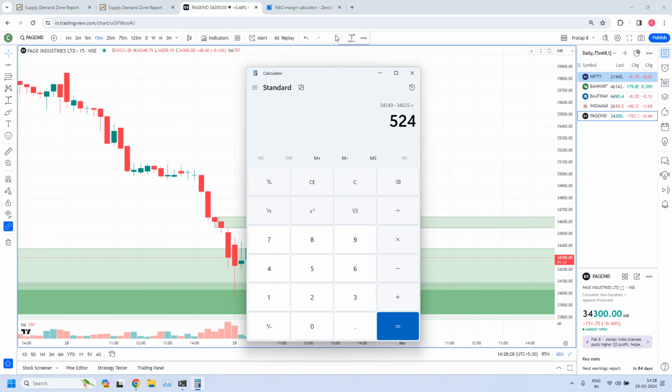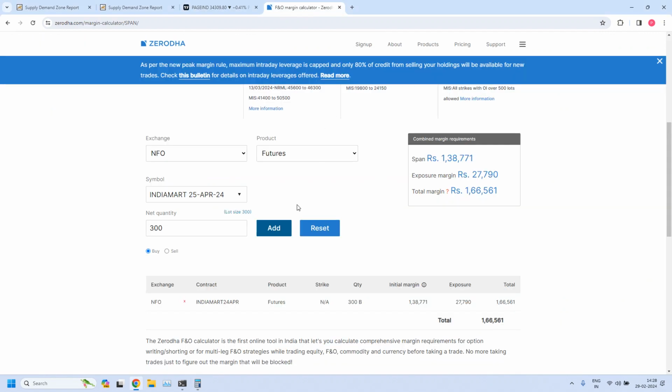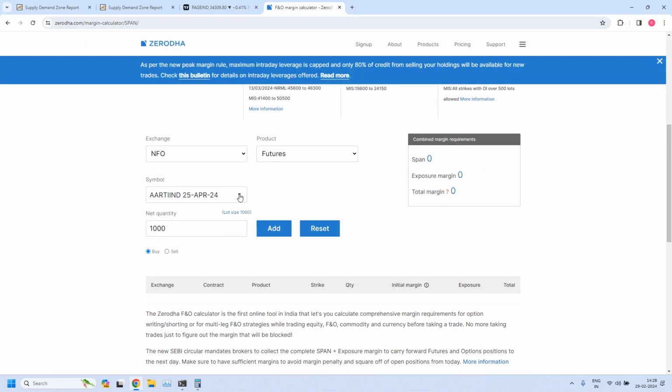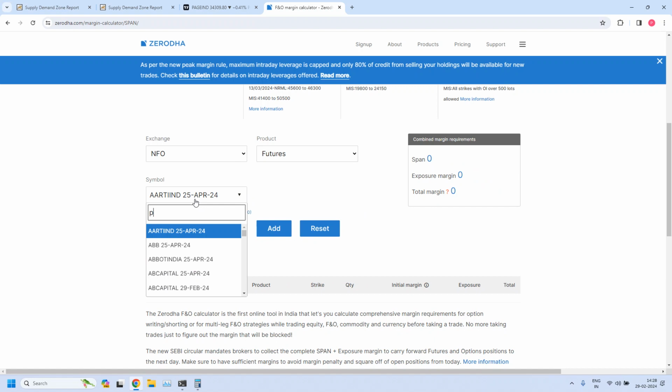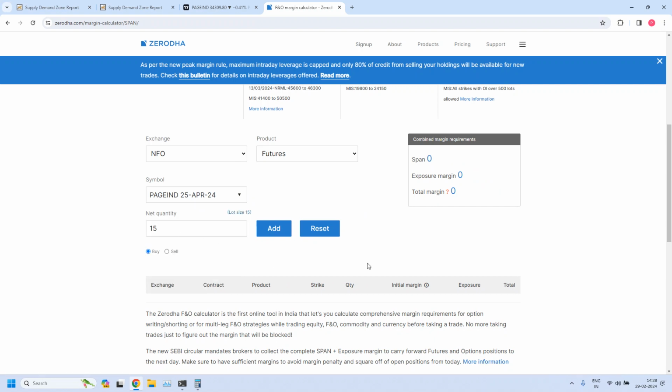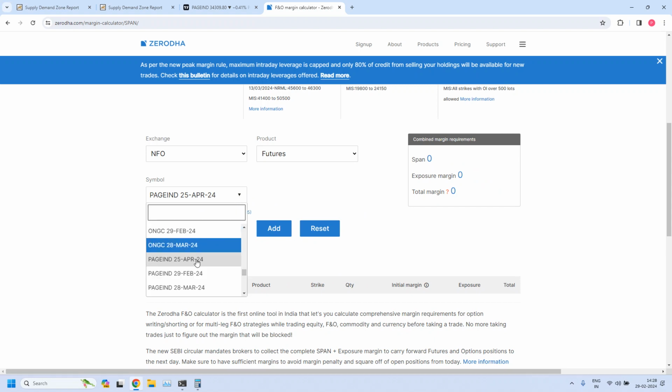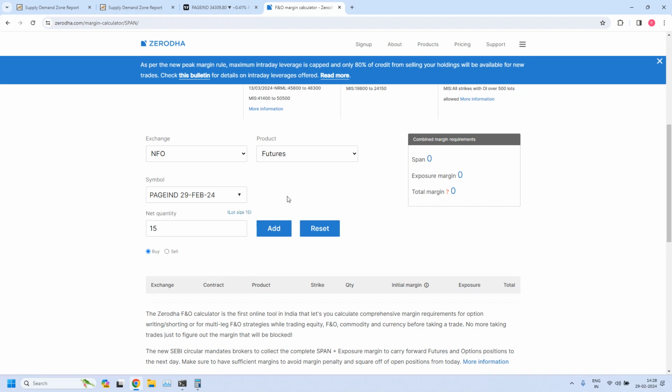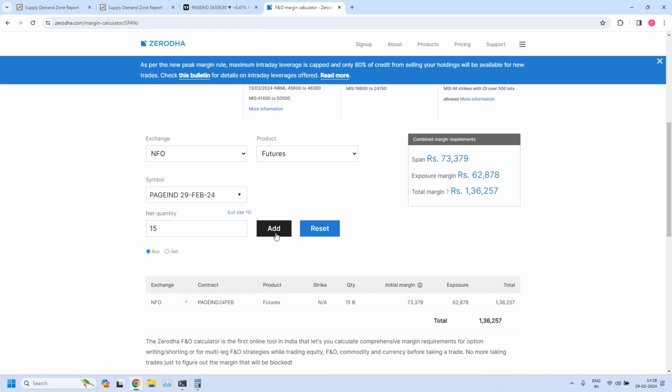But what is the lot size? So 15 is the lot, and the cost of the lot is 1,36,257 approximately.